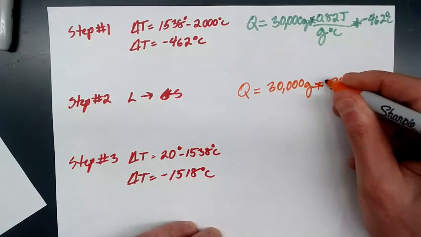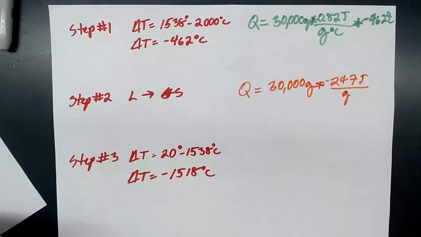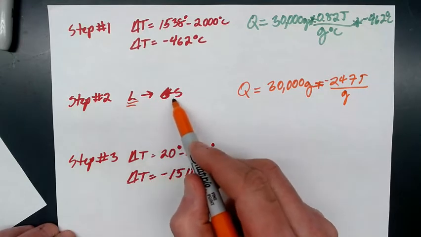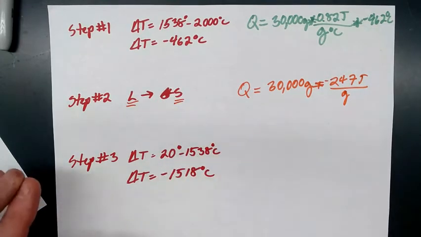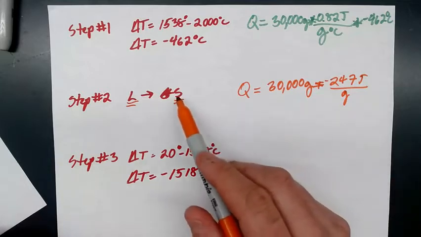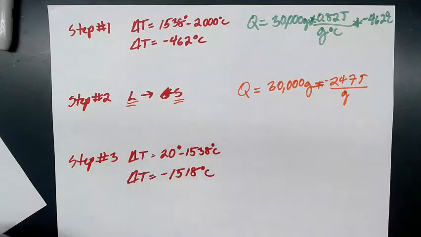And we're going to make this a negative number because this is the energy we need to remove in order to get our liquid into a solid. In order to do that, we're removing energy, so that's why I'm going to put that negative sign there. If we were going from a solid to a liquid, that number would be positive. But I'm going down the heating cooling curve, so it's going to be a minus.